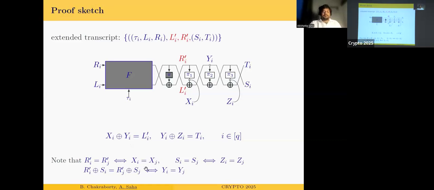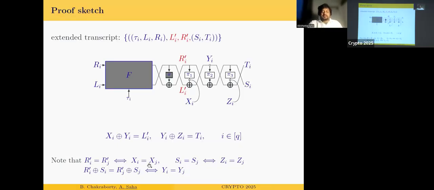So from the permutation property of pi 1, we have that Xi equals Xj if and only if, in the extended transcript, Ri prime equals Rj prime, and similarly Zi equals Zj from the permutation property of pi 3 if and only if Si equals Sj in the extended transcript, and similarly this comes from the permutation property of pi 2.